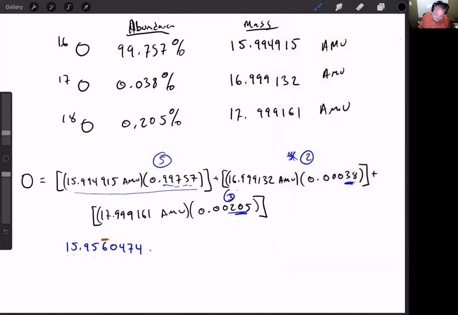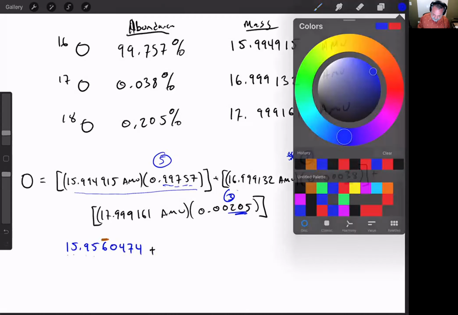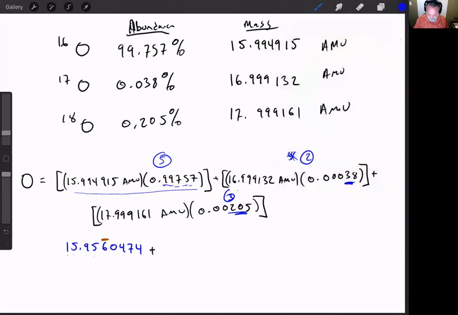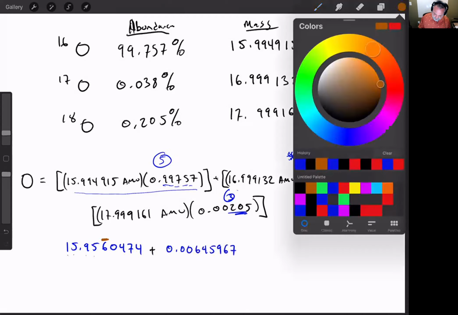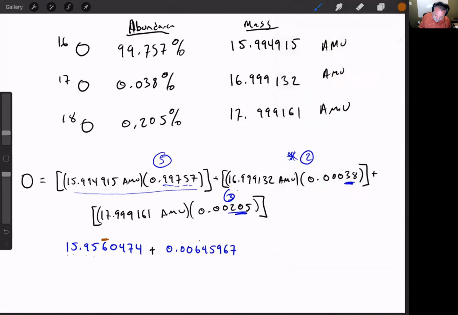Then I'm going to add that to the next calculation, 16.999132 times 0.00038, and my calculator spits out 0.0064567, but I'm limited to 2 sig figs, and so that's right there.